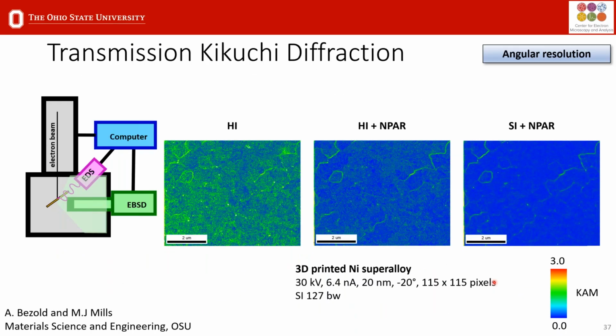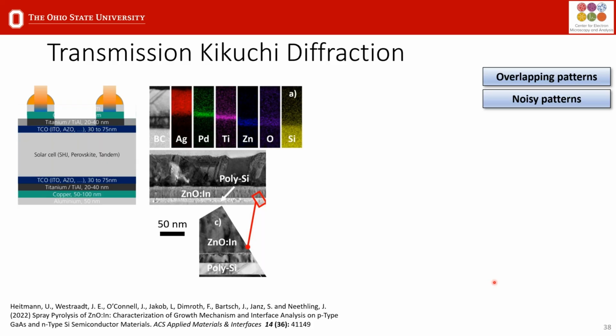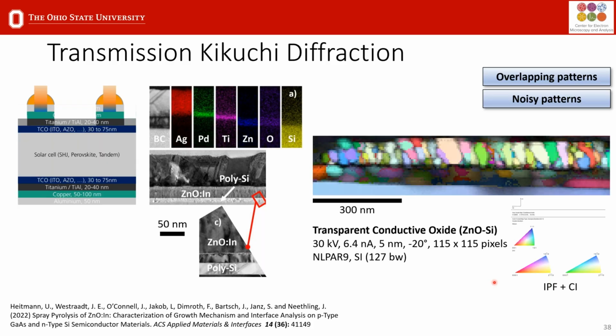Yes, so usually for the TKD patterns, NPAR runs a little bit quicker because it doesn't have to do the similarity comparison. For this particular example, we really pushed the spatial resolution down to 5 nanometers.